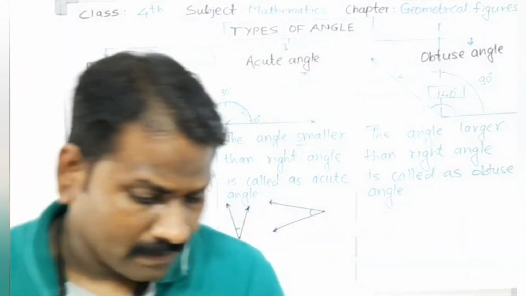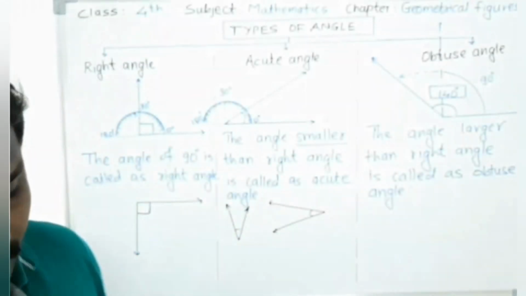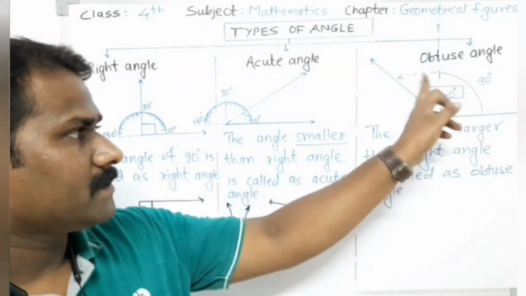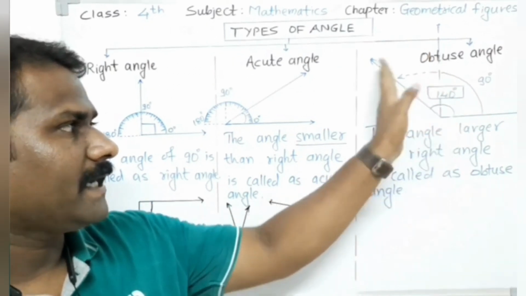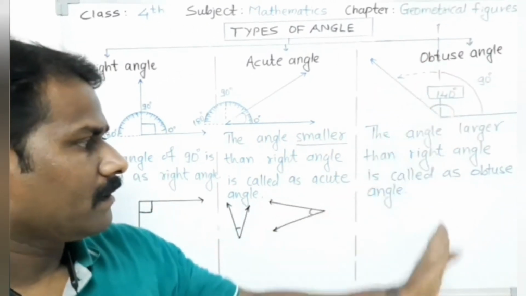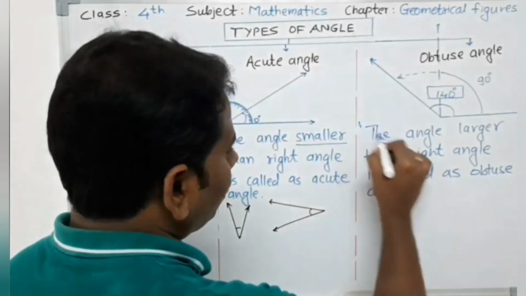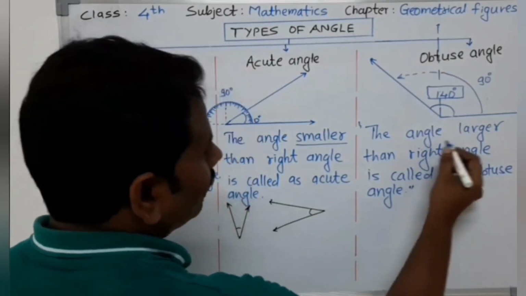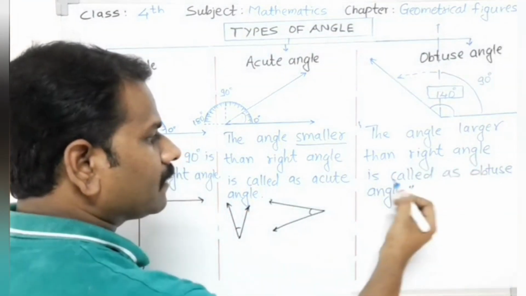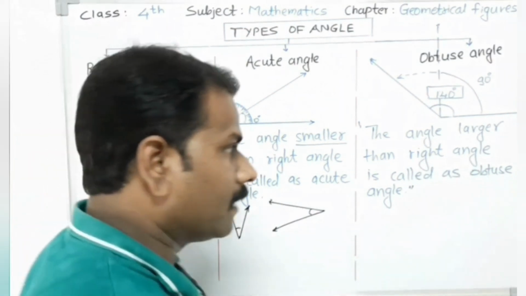In this we have measured already. The measurement of this angle is greater or larger than 90. So therefore this is an obtuse angle, and in the definition I will repeat it again. The angle larger than right angle is called as obtuse angle.